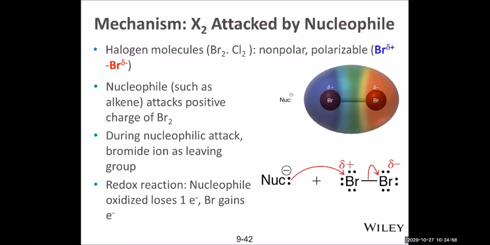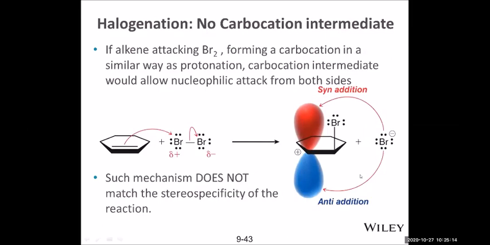In a non-polar molecule, the electrons are not distributed quite equally, so one part is more positive than the others. And so the alkene pi electrons act like a nucleophile to attack.